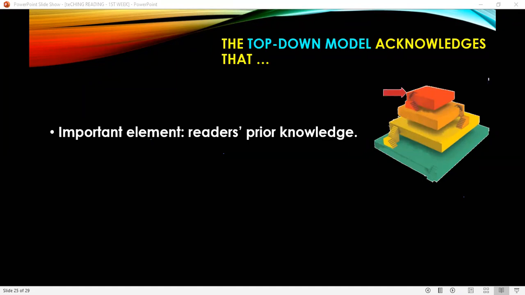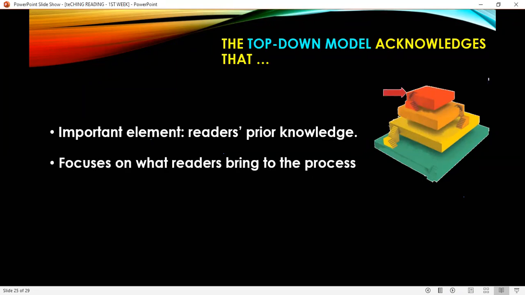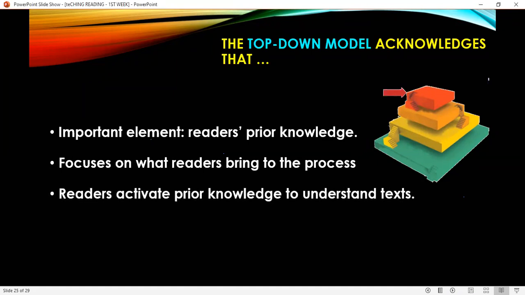The reader's prior knowledge focuses on what readers bring to the process, what he has, what she has, and brings to this process of reading. Readers activate prior knowledge, this background knowledge, schemata, remember, to understand texts.